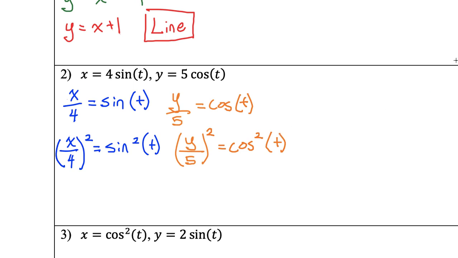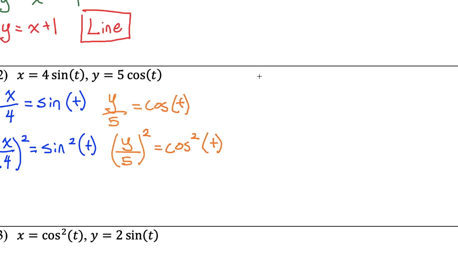Finally, we're using our identity that we have to have memorized, which is this: sine squared of t plus cosine squared of t should equal 1.